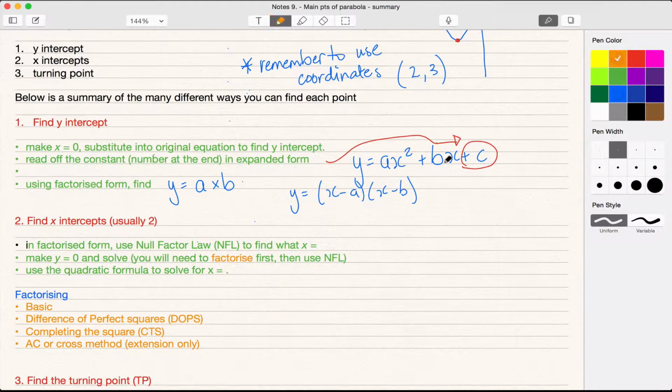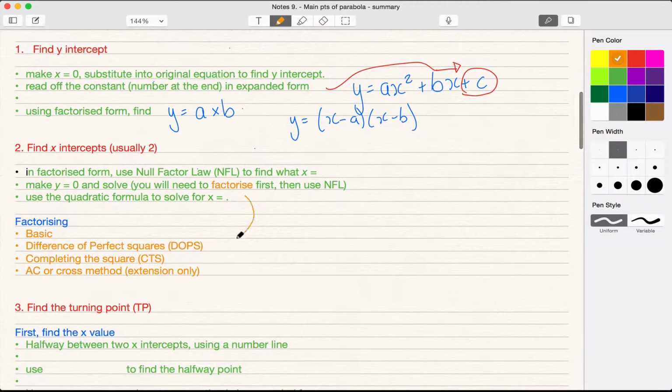I've put some information down here about factorizing, just to remind you of the different methods you can use. Always, always, always try your basic factorizing first. A lot of people try to go down to completing the square or one of the harder methods, but if you can do it in one step, it would be much faster to do that. So start with basic factorizing.